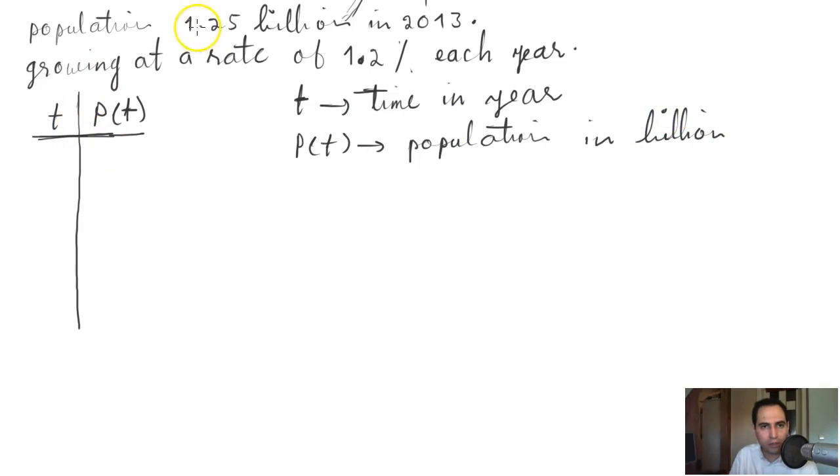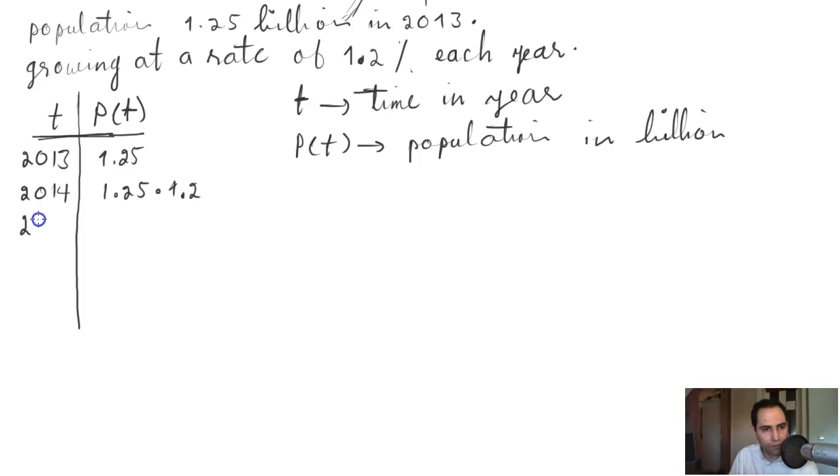So in 2013, we know that the population is 1.25 billion, and every year it's growing at a rate of 1.2%. So for example, in 2014 the population is 1.25 billion times 1.2. So that basically means that we are adding 20% to the population each year.